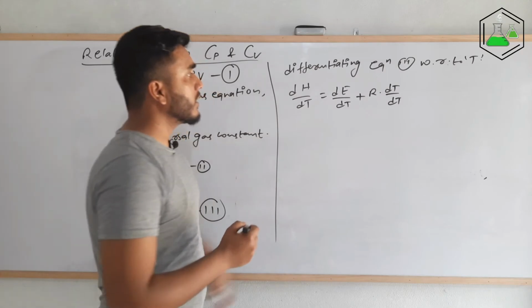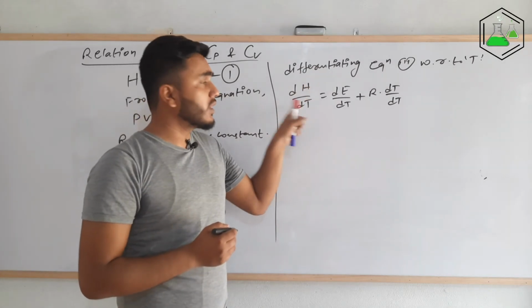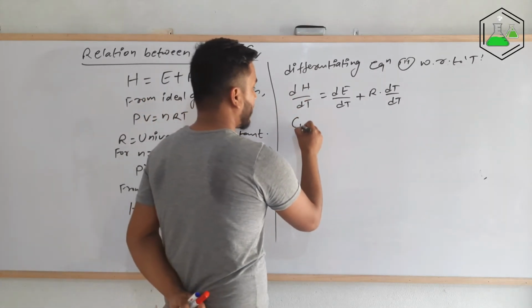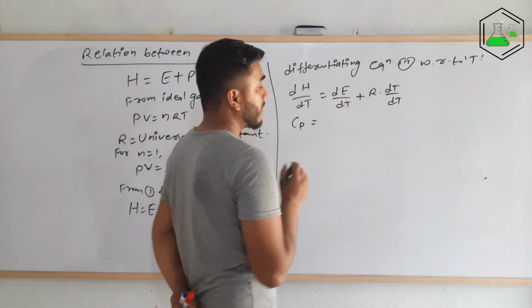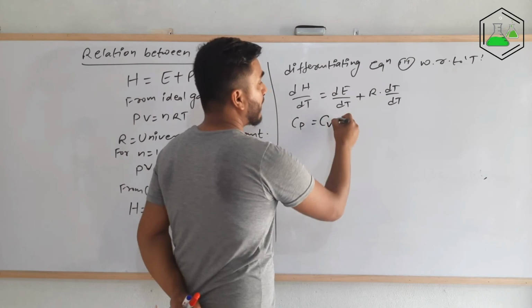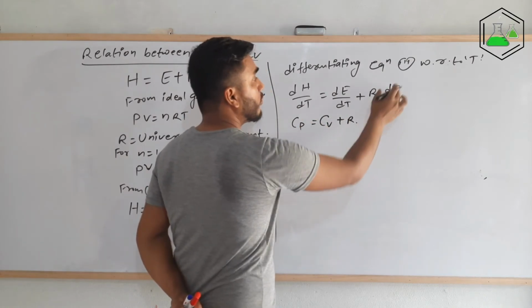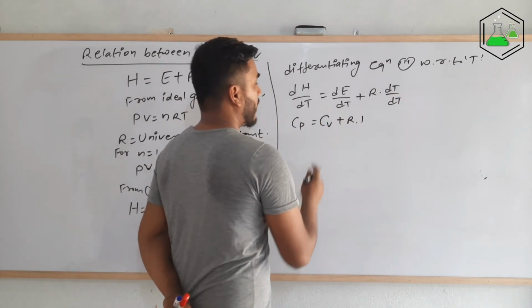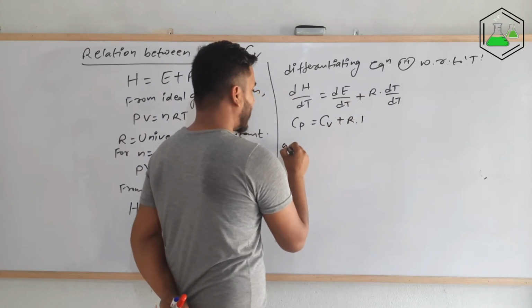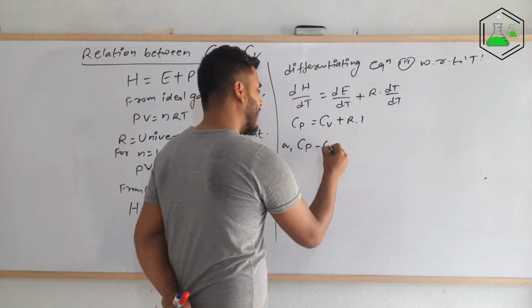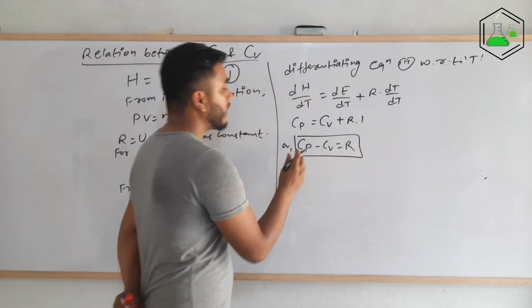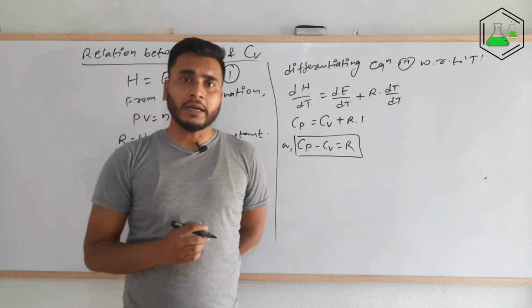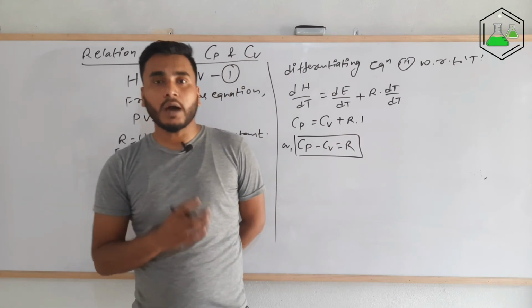Now we know that the change in enthalpy with temperature is called Cp. The change in internal energy with temperature is called Cv, plus R into dT by dT means 1. Now we can take this Cv to this side and it will be Cp minus Cv is equal to R. And this is the relation between Cp and Cv, that is Cp minus Cv is equal to R.